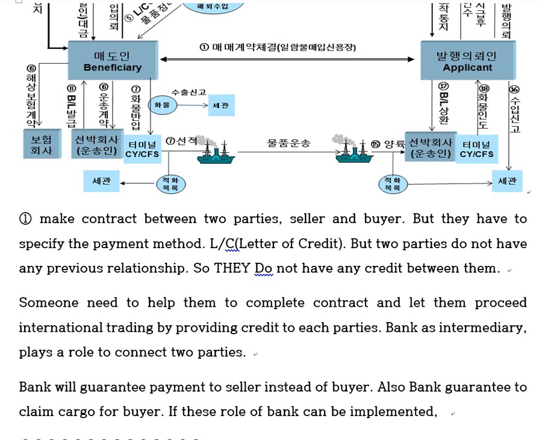So the bank guarantees to the seller the payment for the product instead of the buyer. At the same time, the bank guarantees to the buyer the collecting of cargo from the seller.